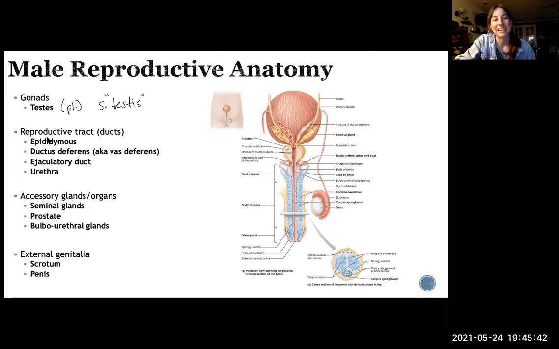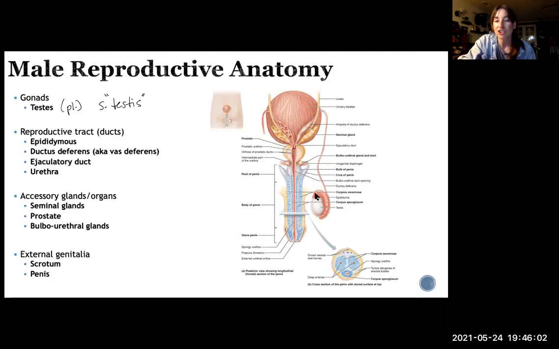Okay. The tract of males, the reproductive tract, consists of many tubes. We go from the testes all the way out through the penis, right? In terms of the pathway of sperm during ejaculation.